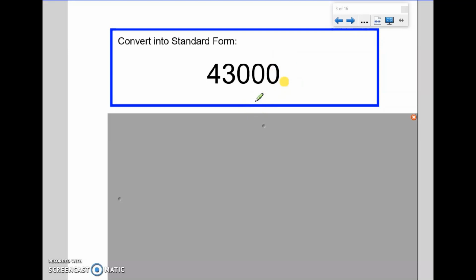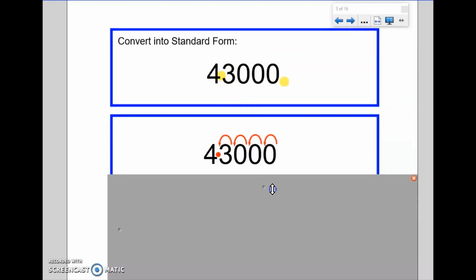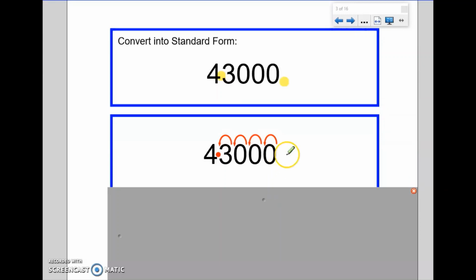I'm going to move the decimal place so that this number is now between 1 and 10. 1, 2, 3, 4. I'm going to drop the decimal point there so the number becomes 4.3. So you can see how I've done it there. I've taken the decimal point, I've moved it 4 places to be left with 4.3.